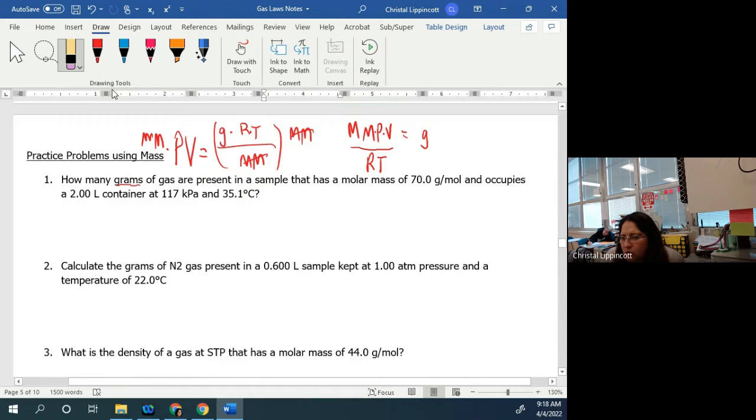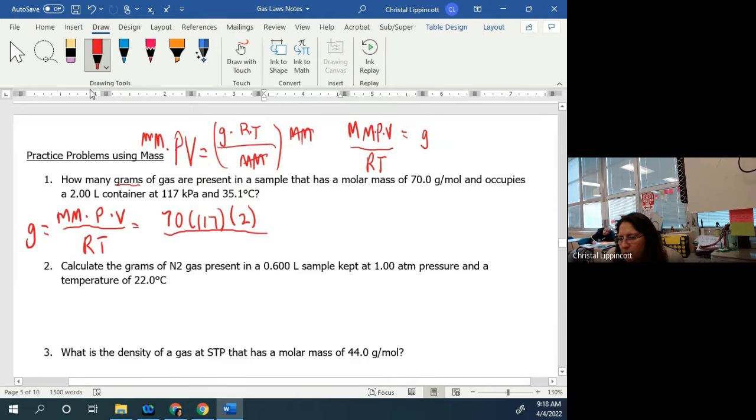So that's going to give me grams equals molar mass times pressure times volume over RT. I'm going to sub in my molar mass, which is 70. I'm going to sub in my pressure, which is 117, and my volume, divided by, now I've got to figure out what R value.